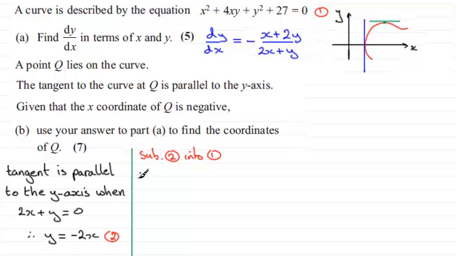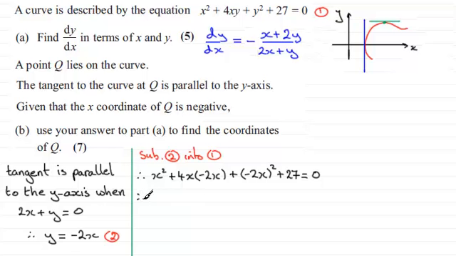Putting our value for y into the top equation, we get x squared plus 4x times minus 2x, plus all of minus 2x all squared, plus 27, equals 0.